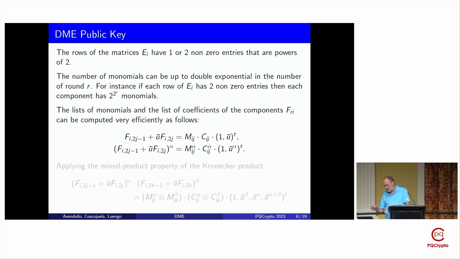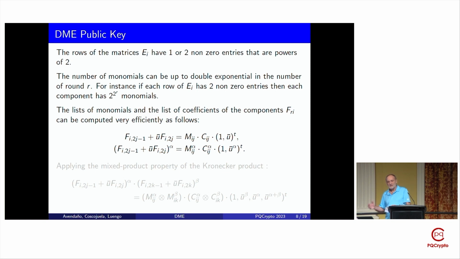Another important thing is that, in principle, the number of monomials increases very quickly with the rounds. So, for instance, if there are two non-zero entries in every row, then the number of monomials is 2 to the 2 to the 3 to the r. That means that basically only for r equal 3 it will give a rational number.